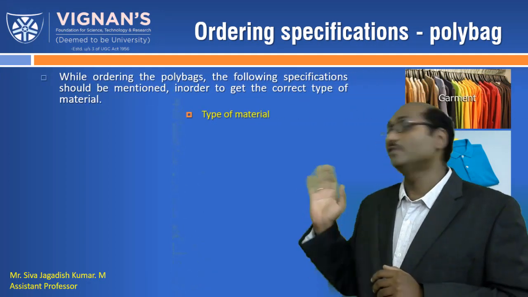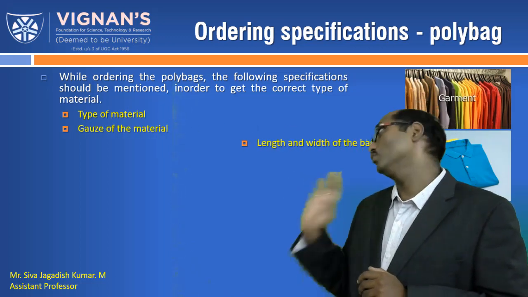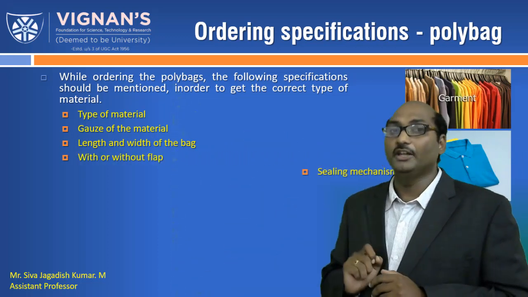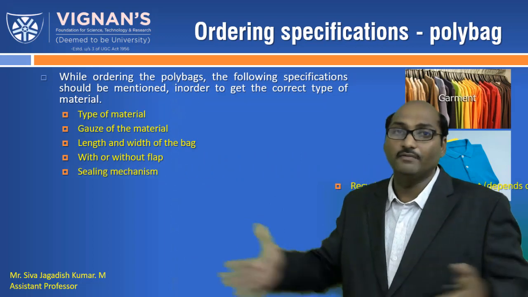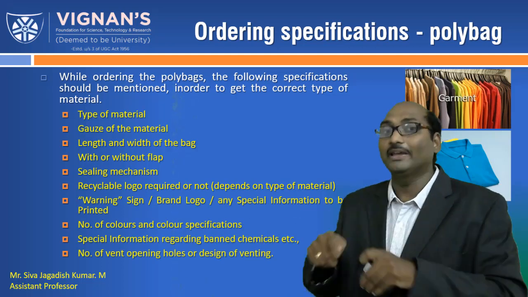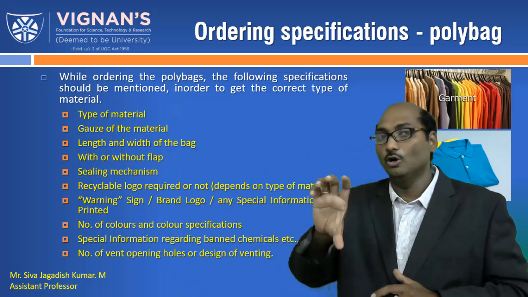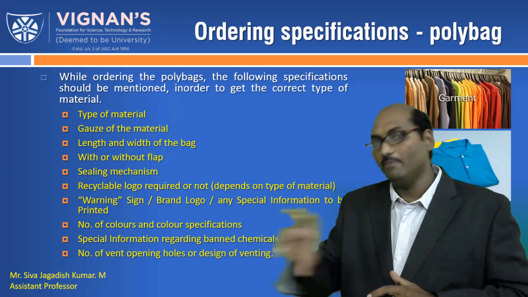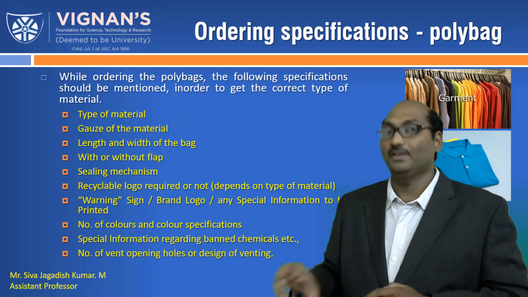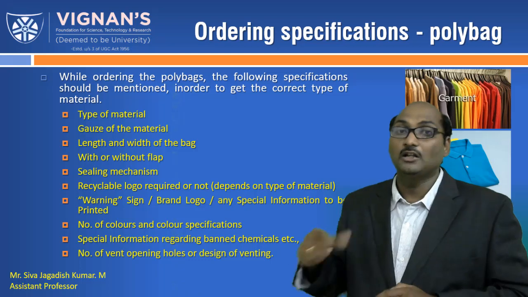So these are the ordering specifications we need to give for a polybag. While ordering the polybags, the following specifications should be mentioned: type of material, gauge of the material, length and width of the bag, whether any flap or sealing mechanism is required, whether a recyclable logo or warning logo is required, any brand name or special information, the number of colors and color specifications for the print, and any special information regarding banned chemicals.